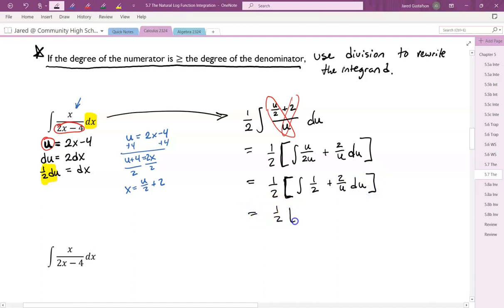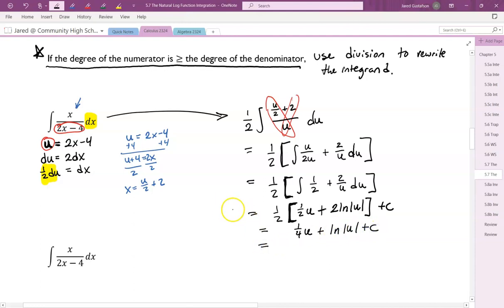We get 1/2, integral of 1/2 is just 1/2 u. Integral of 2 over u is 2 natural log of u. And then we cannot forget our plus c. Distributing the half, 1/4 u plus ln, the absolute value of u plus c.